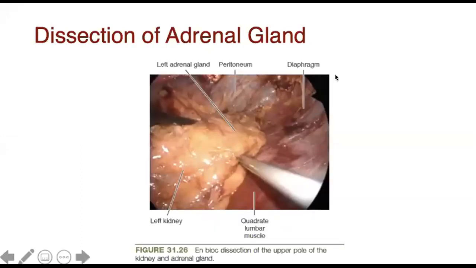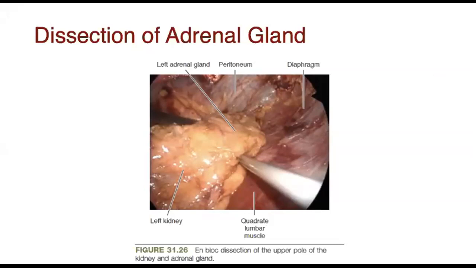The adrenal gland, again, this is a picture using laparoscopy, can be dissected starting with its superior attachment. Care must be taken to handle the friable adrenal gland by the surrounding adventitia to avoid spillage, seeding, or autotransplantation.